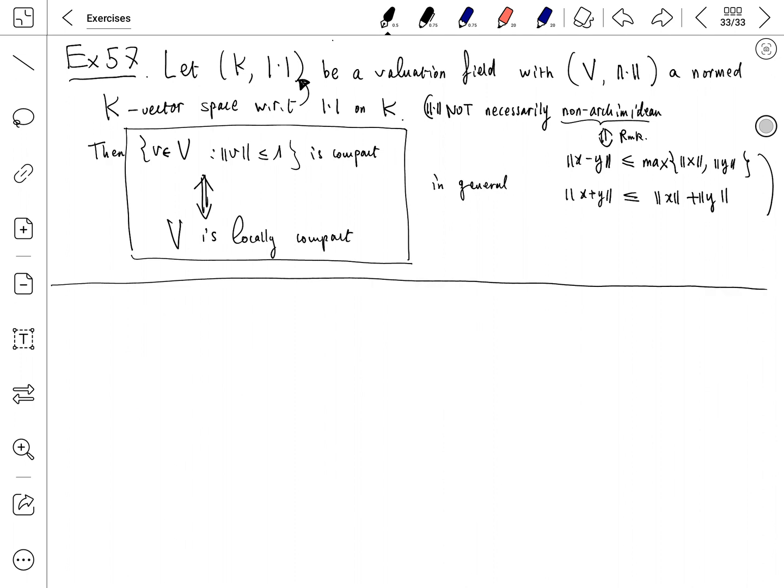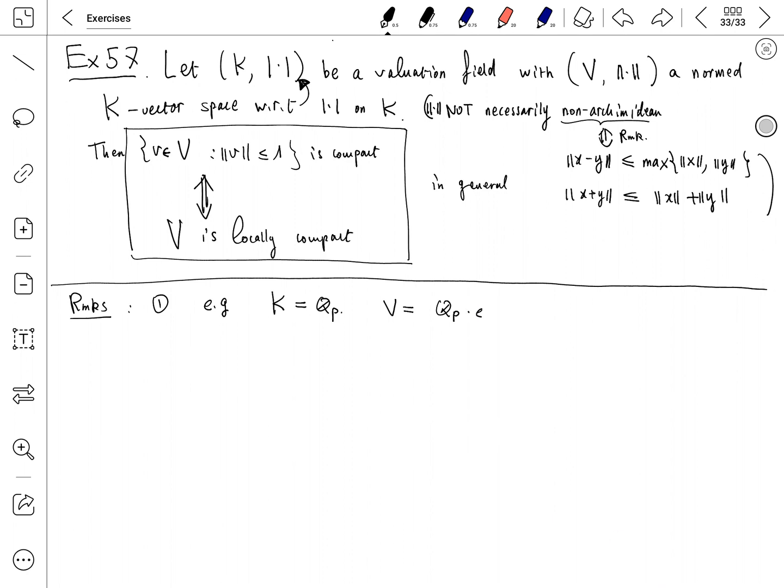Okay, so remark. For example, if you take K to be Q_p, and let's take V to be a normed Q_p vector space. Let's just take V to be a one-dimensional Q_p vector space.